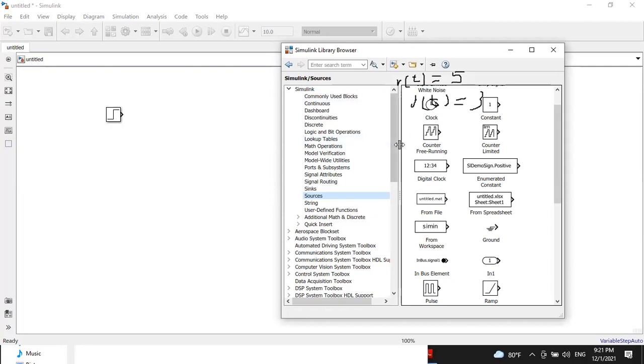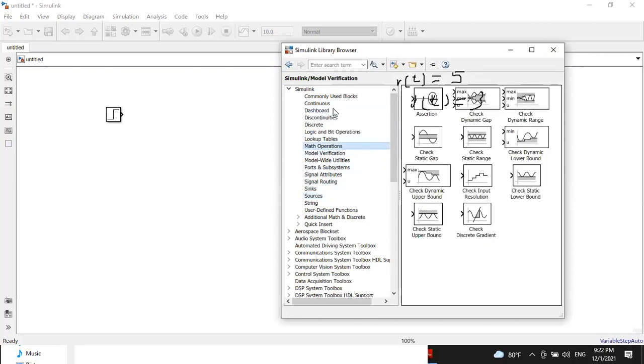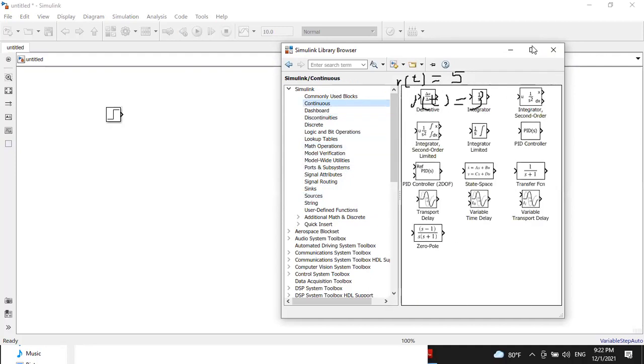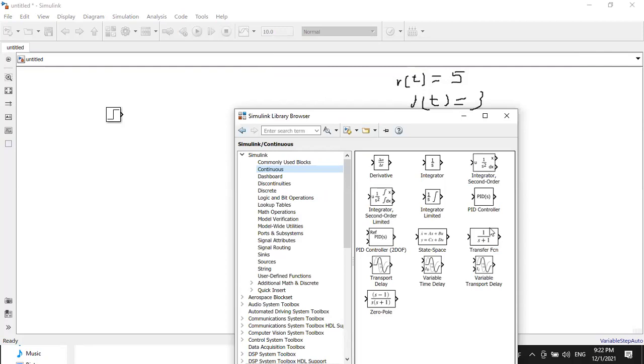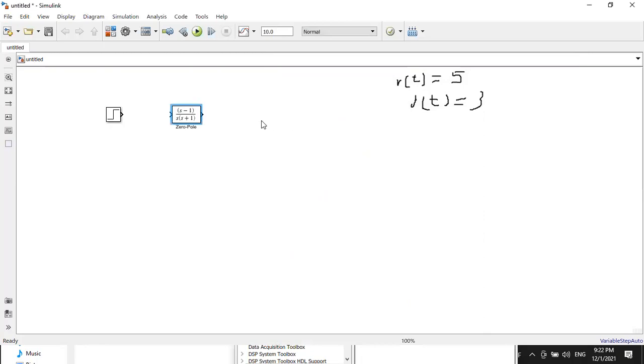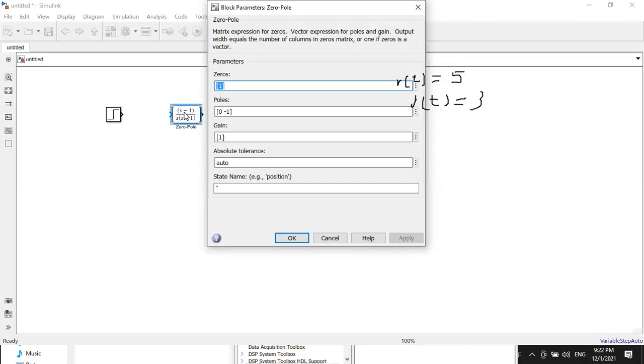So basically what we can do is get a continuous transfer function.